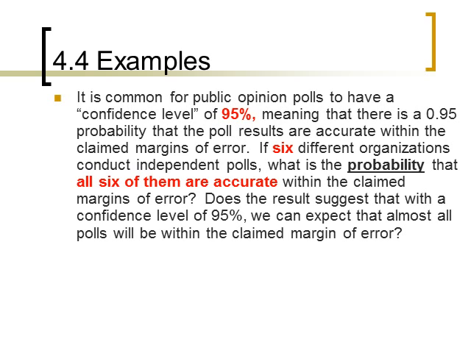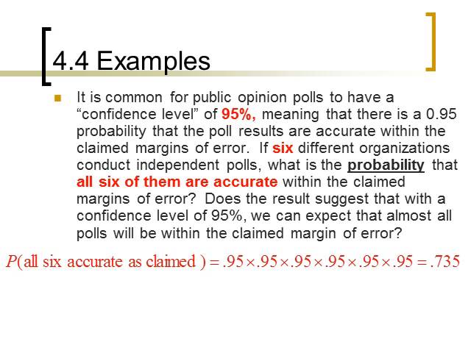Well, when it says that we're looking for the probability that all 6 are accurate, that can be rephrased using the word and. And then the total that you need to include with your probabilities is 6 because we have 6 separate polling places. So the probability, or P, that all 6 are accurate as claimed, I'm going to have 6 different probabilities multiplied together.